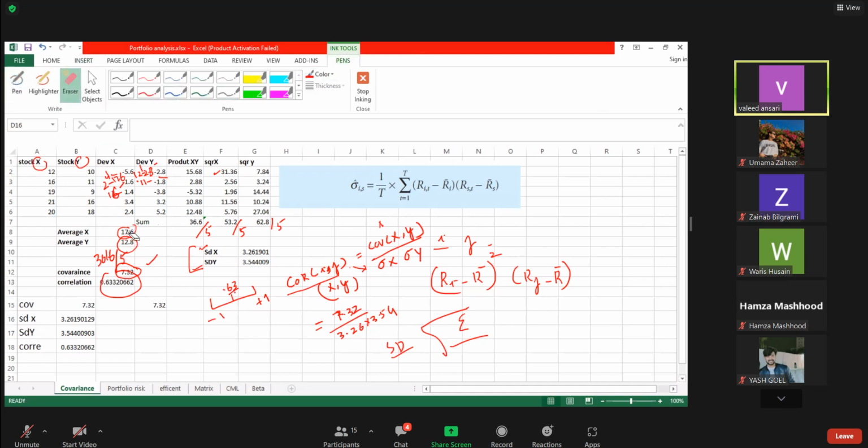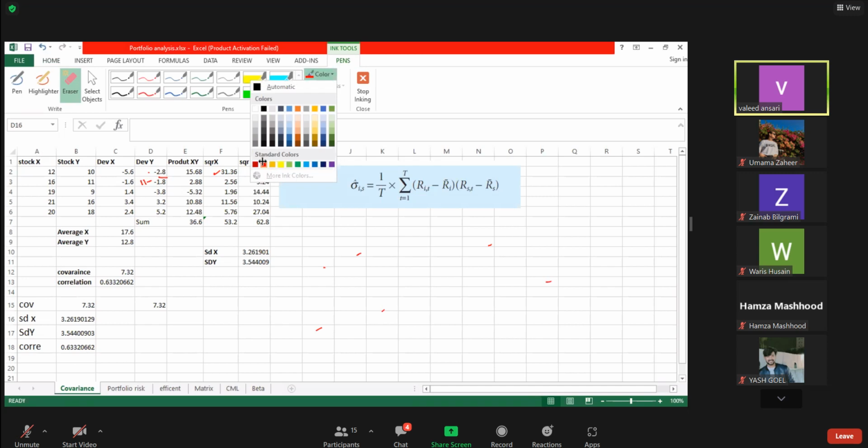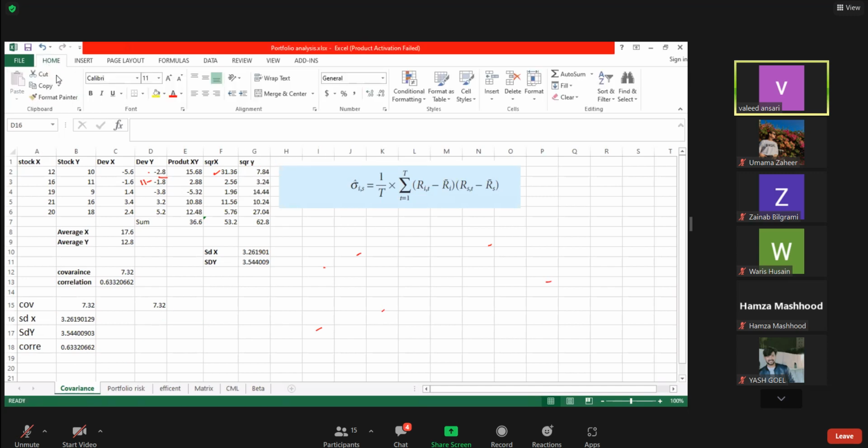Erase these things. So the same thing you can do by this. Similarly, for standard deviation also, one can find it out with the equal sign.